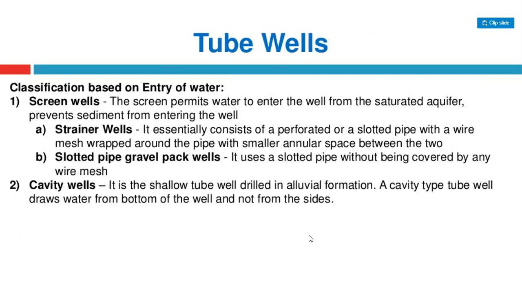Slotted pipe gravel pack wells use a slotted pipe without being covered by any wire mesh. Cavity wells. It is a shallow tube well drilled in alluvial formation. A cavity type tube well draws water from the bottom of the well and not from the sides.